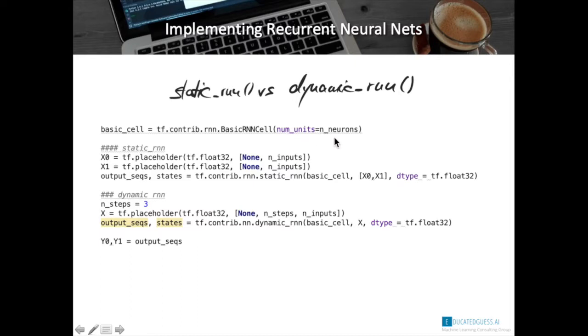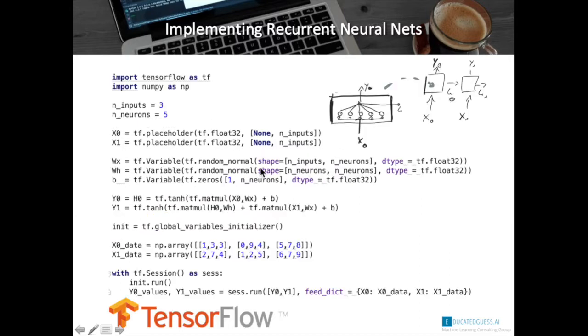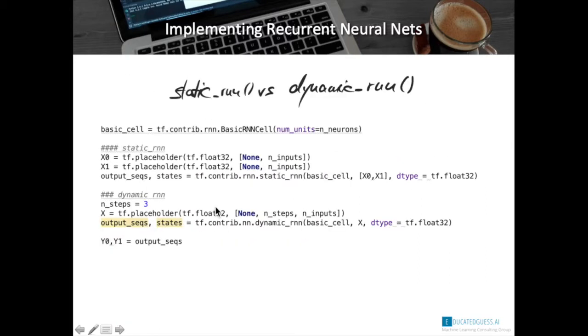so that's the number of neurons. And now we again have to define our placeholders for our matrices, but what we can do now, instead of doing the computations ourselves, is to call static RNN, and then we give this function the cell definition that we're about to use, and then we also provide our data matrices.